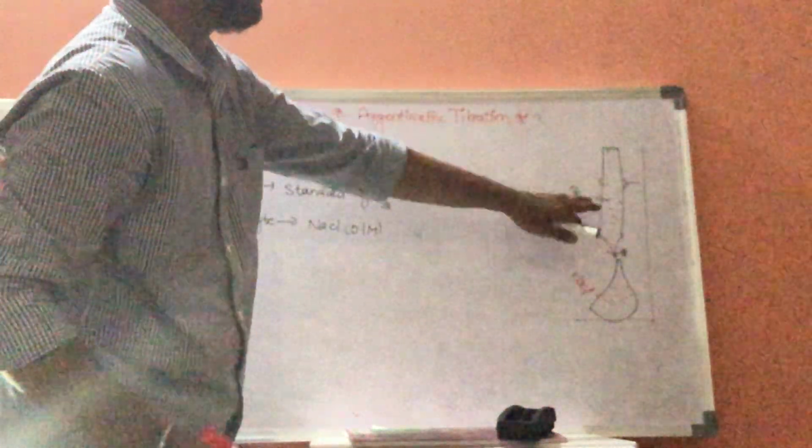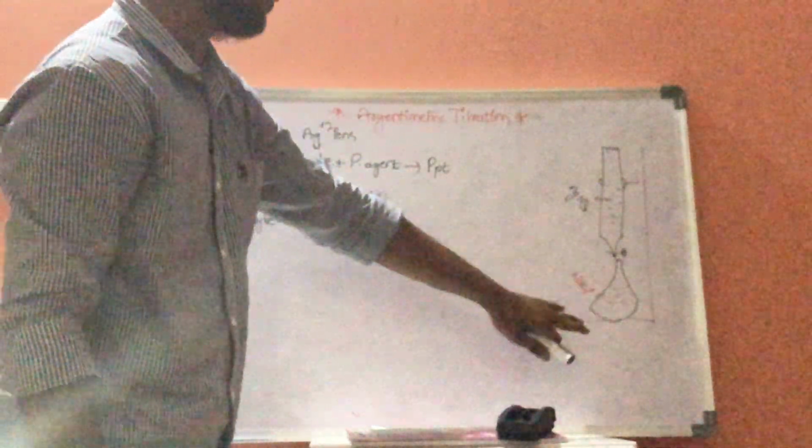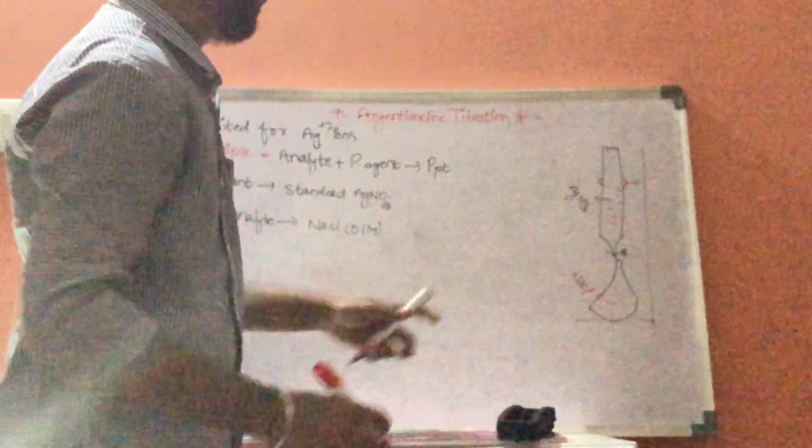In the burette we take silver nitrate, whereas in the conical flask we take sodium chloride.